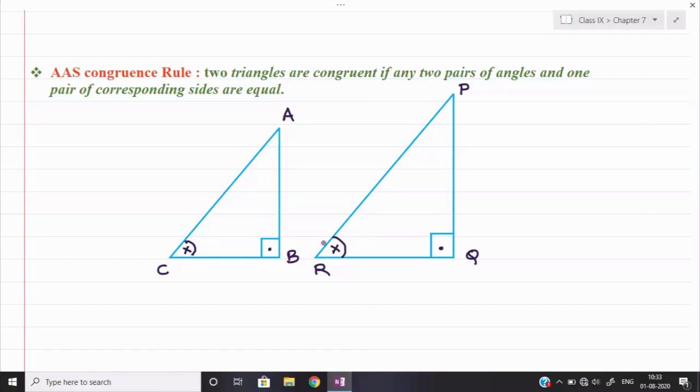Okay, but suppose if I say here AB and PQ are equal given to me. So see, basically what I have, angle B is equal to angle Q, angle C is equal to angle R. Okay, and then AB is equal to PQ. AB and PQ are also given equal, right?